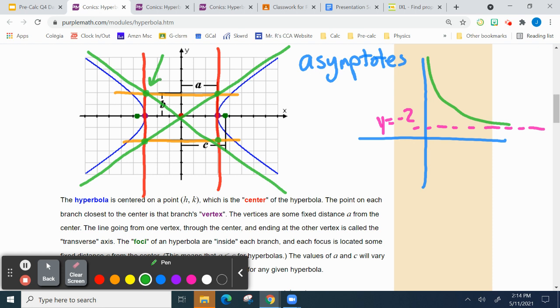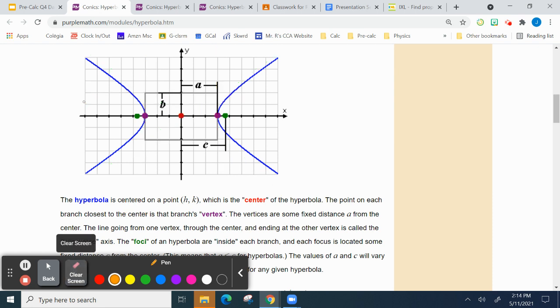So where the asymptote intersects the line tangent to the vertex there, where those two intersect, that's where you draw this line right there. All right, so that's how you get the B and the A and the C.